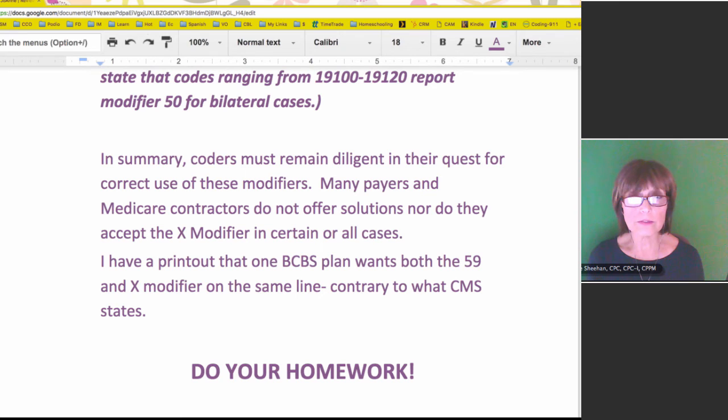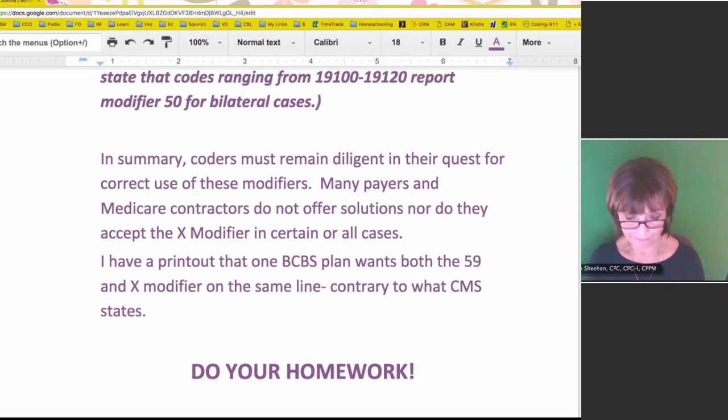And coders who had asked about my examples the last time I presented this a year ago, in Massachusetts, my Blue Shield plan, the scenario that I offered was actually accurate, but in Medicare and in other cases it wasn't, and that's why we came back and revisited the X codes, because there really is a lot of different questions out there, and Medicare has yet to come forward and really help coders and other companies understand it better. So for now, we just do our homework, and when things really start happening, we'll be able to address it again. And that's it.